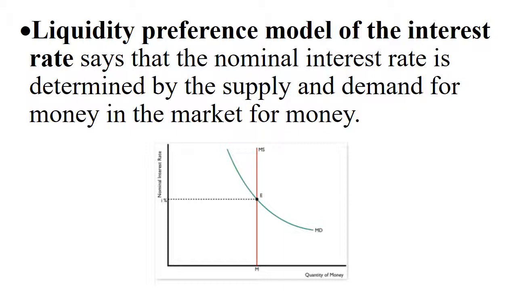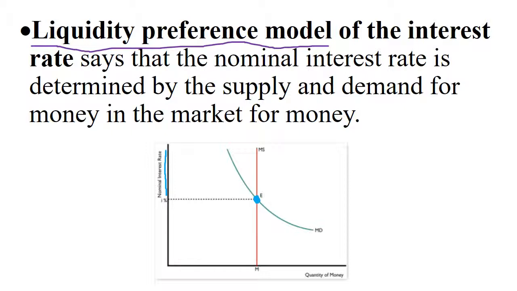The liquidity preference model of the interest rate tells us that the nominal interest rate, whatever that percent is, we will know because we'll see where the money supply and money demand intersect. That'll give us the nominal interest rate. It's important to realize that the money market model is also called the liquidity preference model.